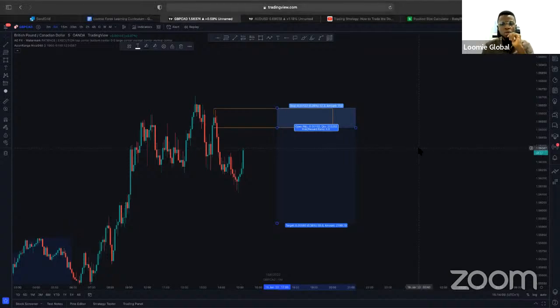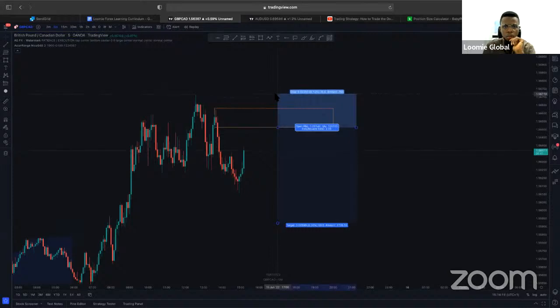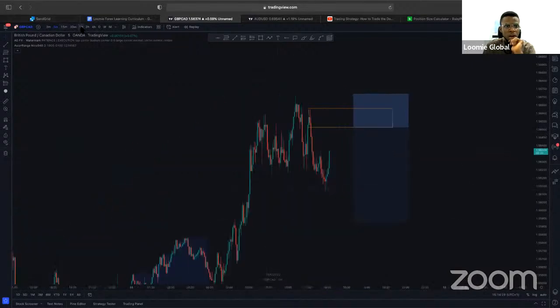Okay, you may not understand the entirety of what I'm looking at, but I'm expecting price to get into this zone that I have marked out with the orange rectangle. So we're going to enter with stop loss right above this high, and we would expect to take price down to this point.